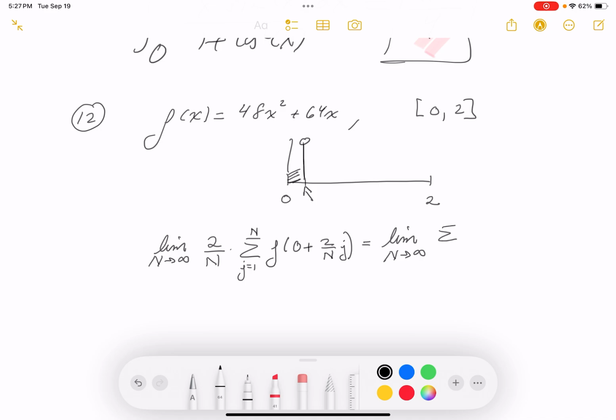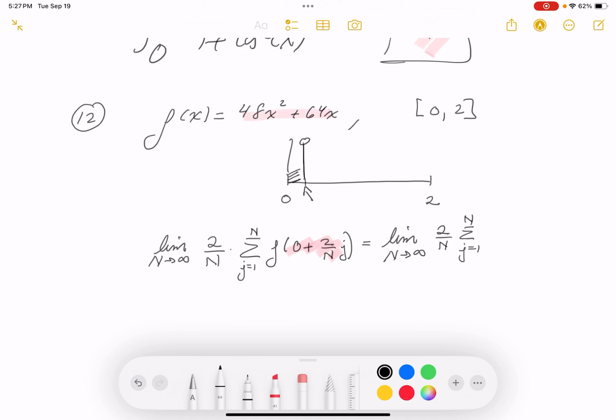The sum, j equals, I did it again, I forgot to write something down. That's 2 over n. And then the sum, j equals 1 to big N. And what I'm putting out is this over here, it's just simply 2j over n. And what are we doing with it? We're plugging into the function.